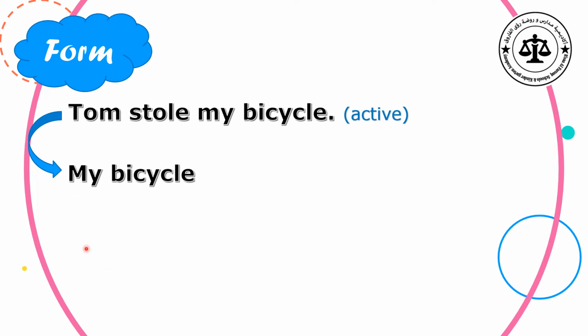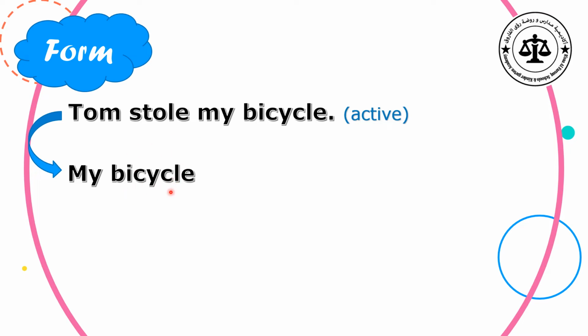Look, I start my new sentence by using my bicycle. Then I should use verb to be. But because the verb in the active sentence is past, we will use was or were, according to our subject, my bicycle.